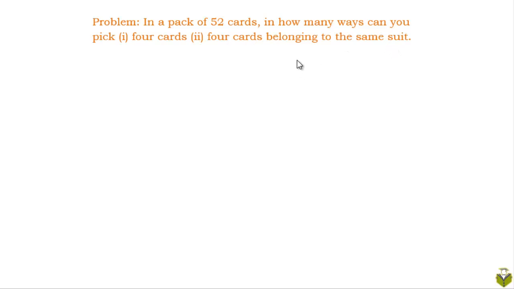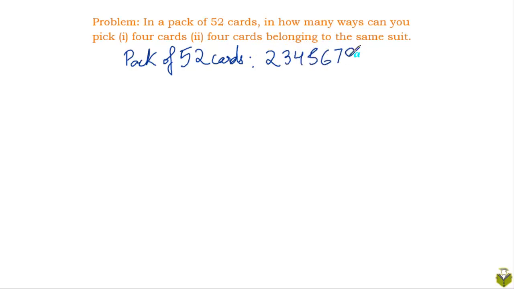I don't know how familiar you are with playing cards, but let me at least introduce what a pack of 52 cards has. The pack of 52 cards has cards from 2, 3, 4, 5 like that, 9 and 10, and you have a jack, a queen, a king, and then an ace.